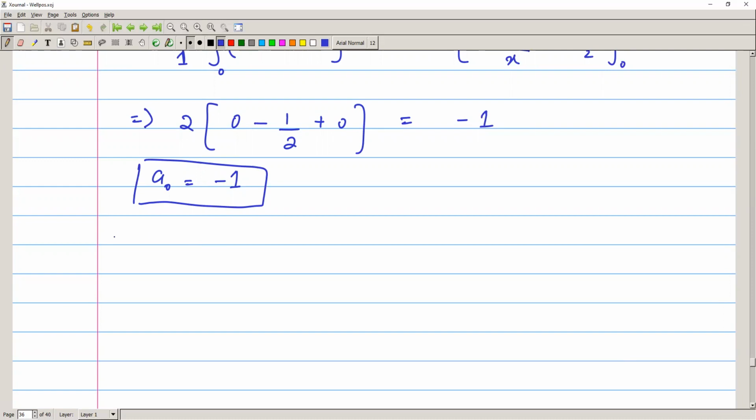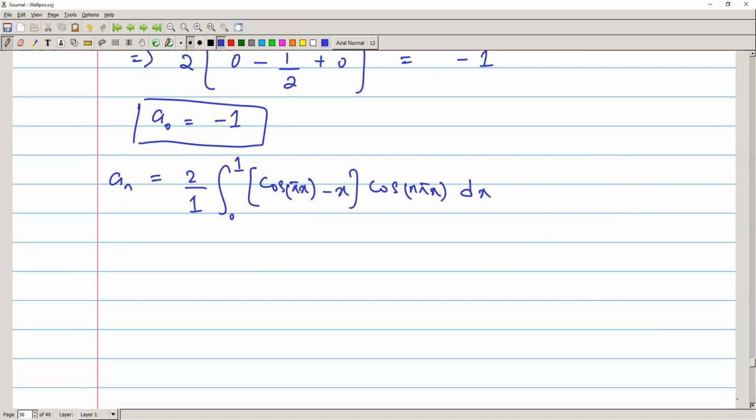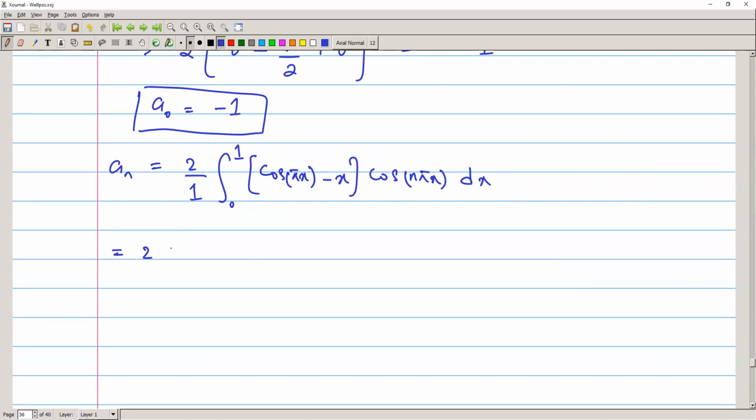And now we want to find a n. So it will be 2 over 1, limit 0 to 1, cosine pi x minus x times cosine n pi x dx. So we can break the integral into two parts.